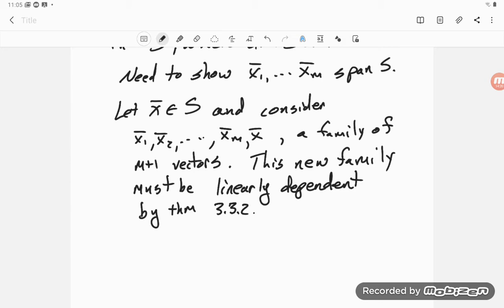So let's go back and get the wording of 3.3.2.